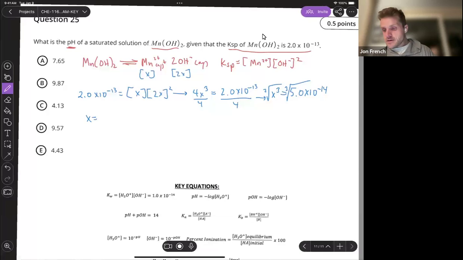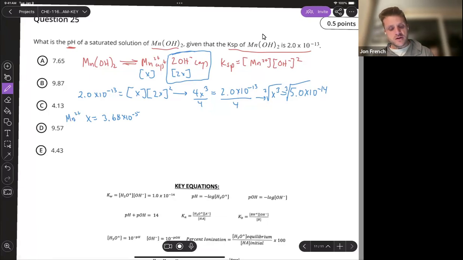All right, I get x equals 3.68 times 10 to the minus 5. This is where this one gets a little bit harder, because we called manganese x. So here we have to multiply by 2 because we called manganese x, we called hydroxide 2x. So that's my manganese concentration.